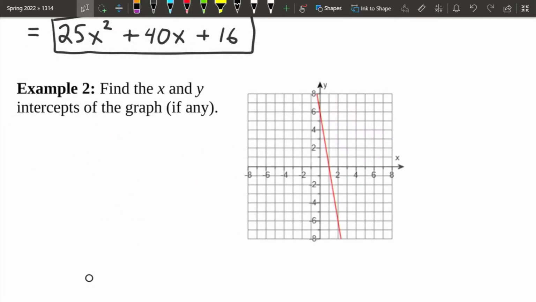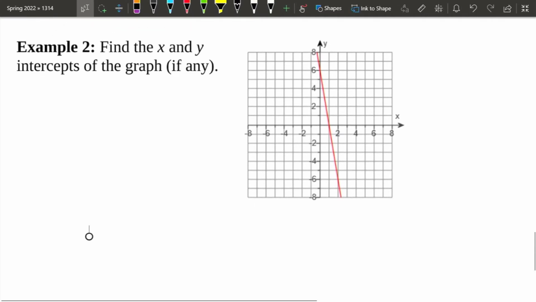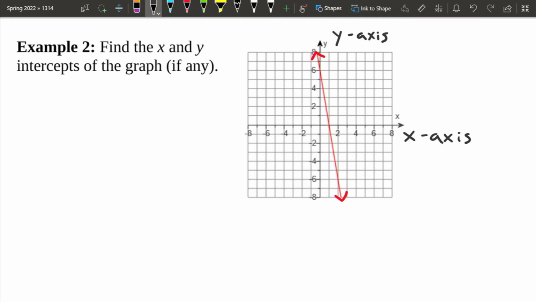Something else that's important to review is the concept of x and y intercepts in a graph. So here I have the graph of a straight line that goes off in both directions forever. And this graph crosses through what we call the x-axis, which is what runs from side to side, from left to right, and the y-axis, which runs up and down.